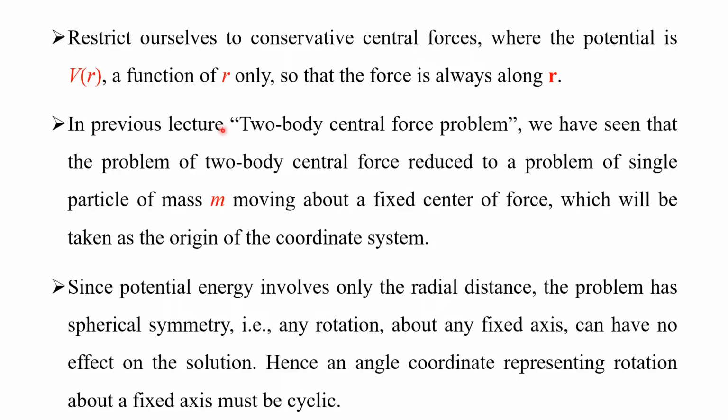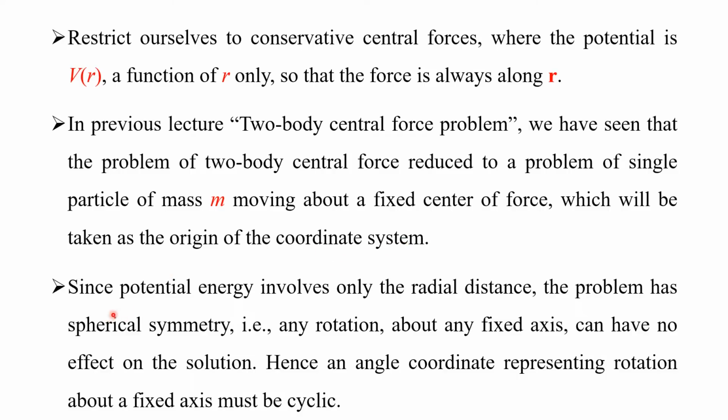In my previous lecture on the two-body central force problem, we have seen that the problem reduces to a single particle of mass m moving about a fixed center of force, which will be taken as the origin of the coordinate system.